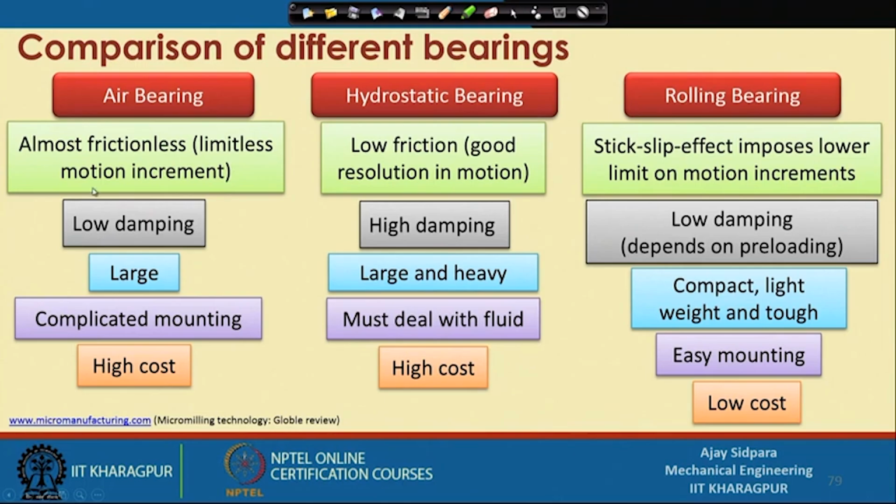If you are going with very gentle machining or extremely small dimensions, where 1 micron or 0.1 micron deviation will also make a difference, then you can go with the air bearing. So, these are the different comparisons, and let me stop this lecture here, and we can continue this topic further in the next class. Thank you very much.